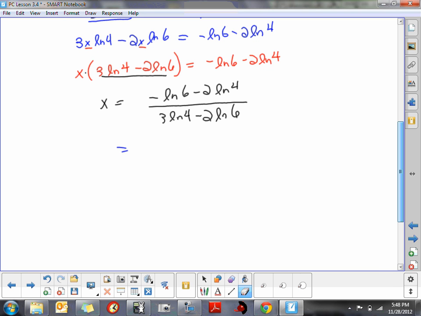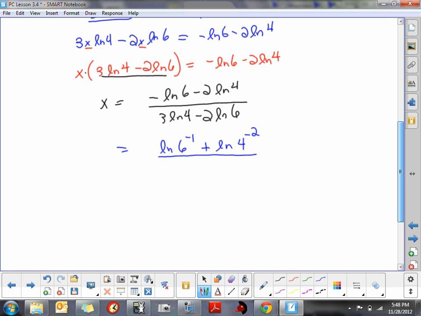So it's the natural log of 6 to the negative 1 plus the natural log of 4 to the negative 2. I'm using the power rule there, over, and again the power rule, natural log of 4 cubed, plus the natural log of 6 to the negative 2.